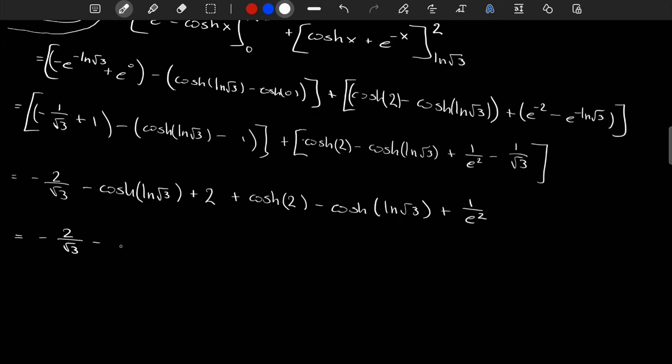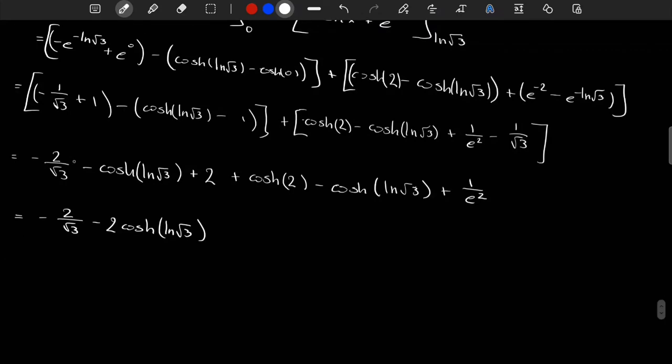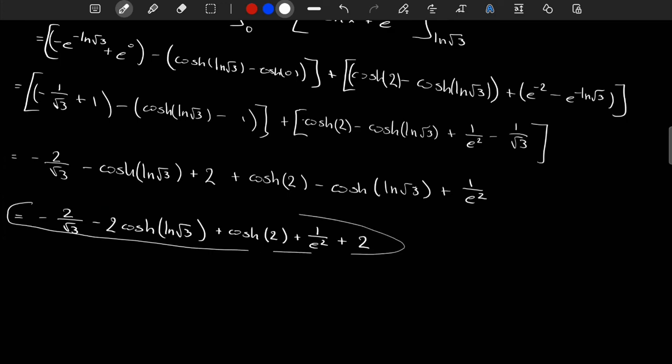So we would have a minus 1 cosh of ln square root of 3. Right, so we did that. And that, ladies and gentlemen, is our answer. Y'all have a howdy day.